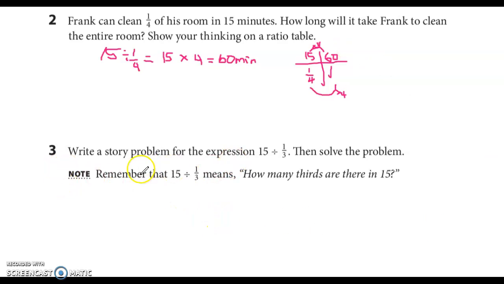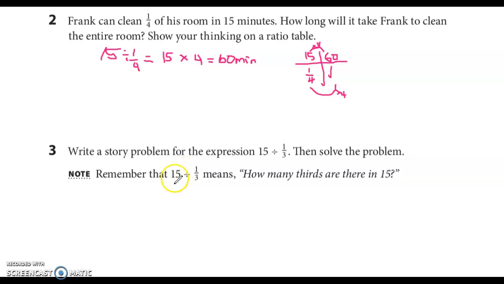Number 3, write a story problem for the expression 15 divided by 1/3. Then solve the problem. Remember that 15 divided by 1/3 means how many thirds are in 15. So I'm just going to use the example from up here. Let's use the name Brady. Brady can clean 1/3 of his room in 15 minutes.